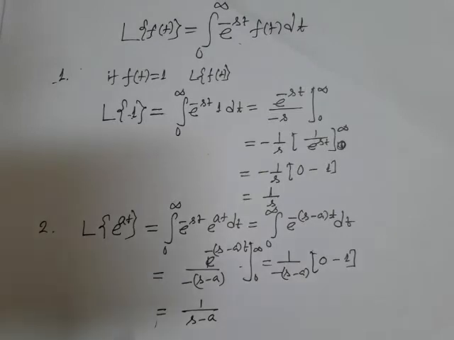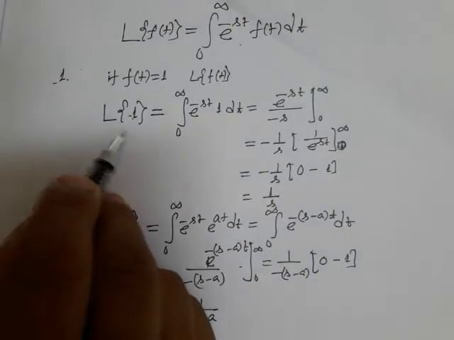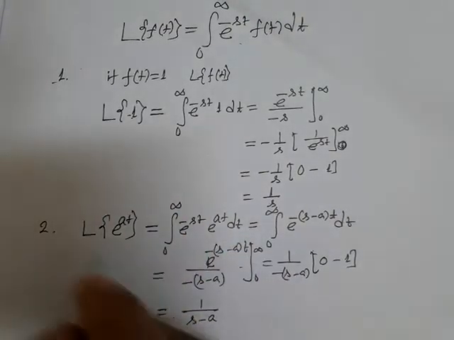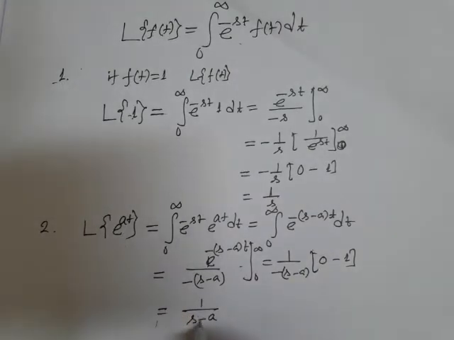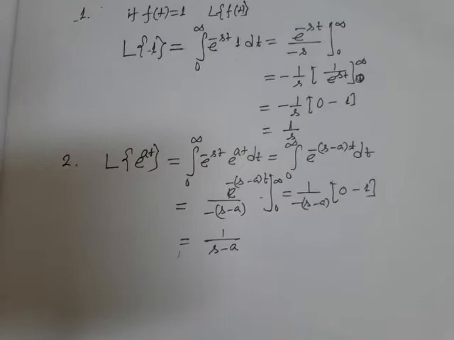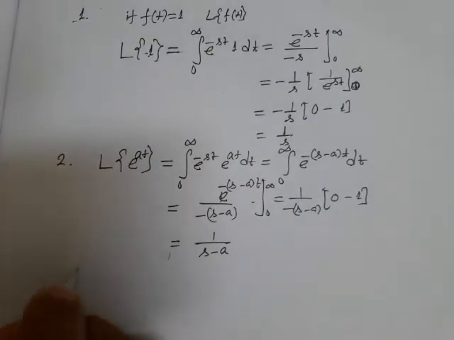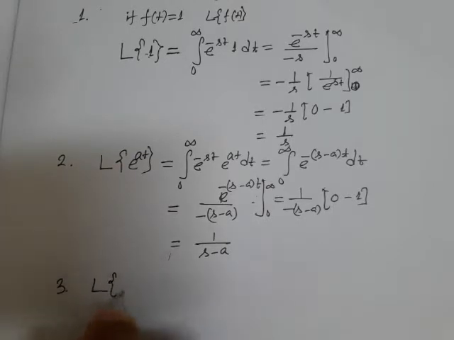So now we have two formulas. One is L of 1, which is 1 by s, and L of e to the power at is 1 by s minus a. Similarly, try to find it yourself: what will be L of cos of at?